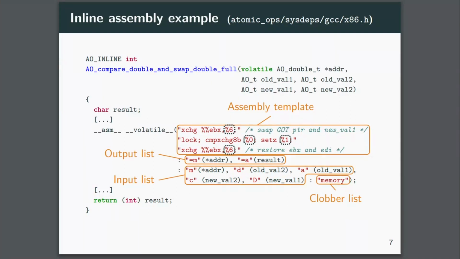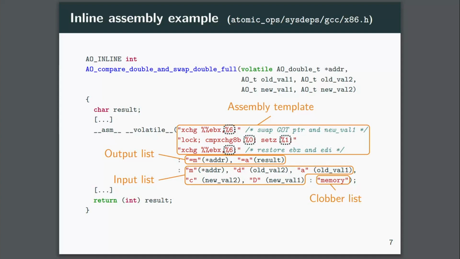These operands come from the interface, which is composed of the output list, the input list, and the clobber list. The first one describes the C operand expressions or lvalues that will be modified by the assembly. The input list is the same for C values that can be read by the assembly, and the clobber list is more about side effects of the assembly chunk.